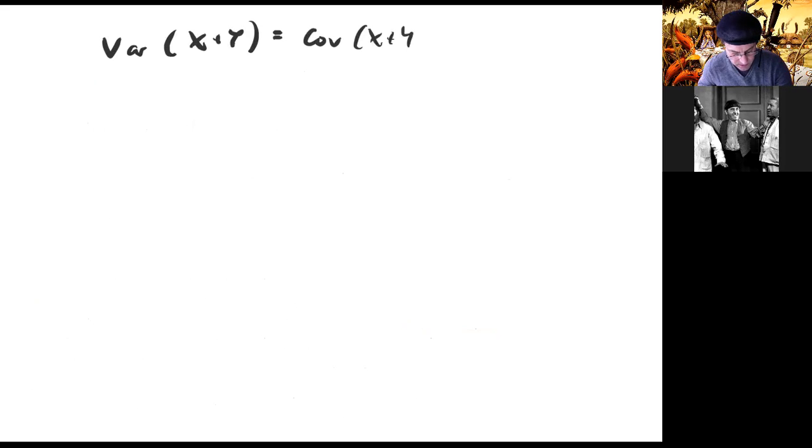Here's another one. If I take the variance of a sum of two variables, x and y, and add them, we can compute that now in terms of covariance. This is the covariance of x plus y with itself.